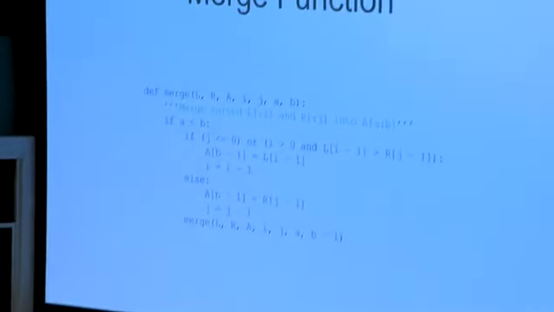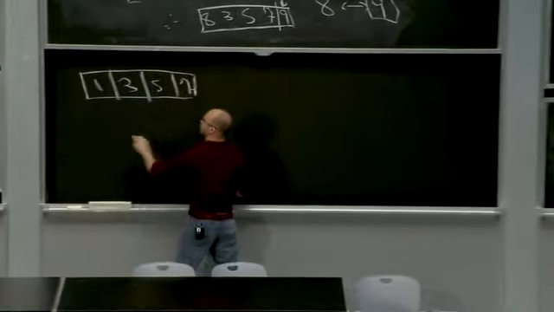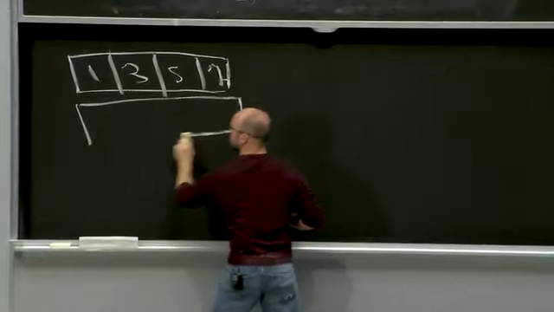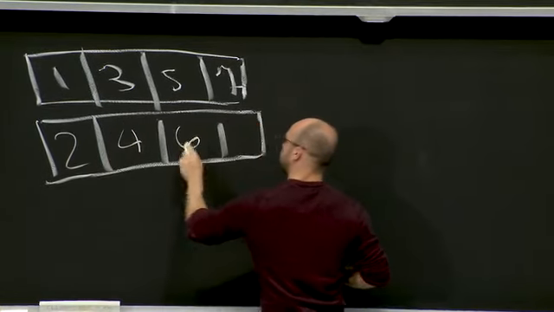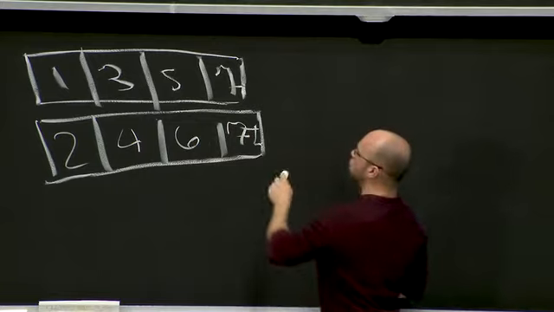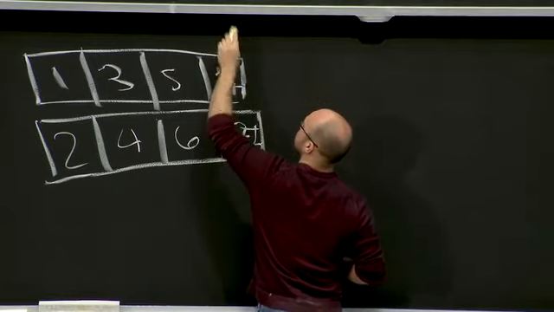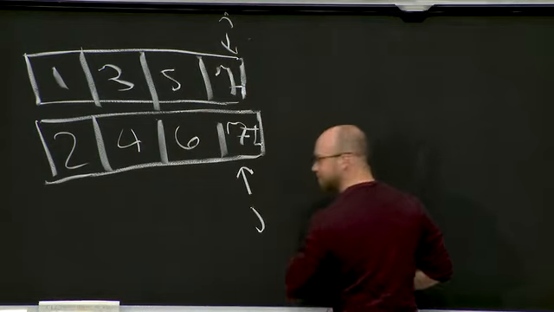OK, so I have 2 sorted lists. So maybe like that. I don't know, 1, 3, 5, 7. And then I have a second sorted list here, which is maybe 2, 4, 6, 72, as one does. Then I'm going to have one pointer like this, which is I, and a pointer down here, which is J.